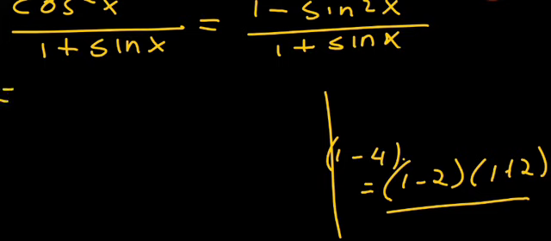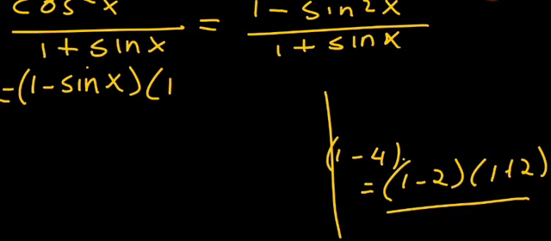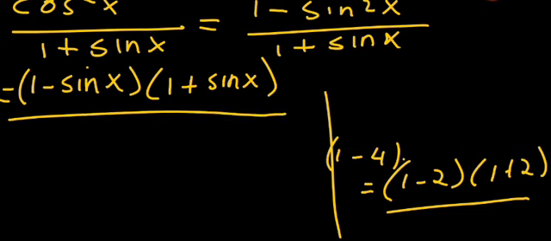So there we're going to say 1 minus sin x multiplied by 1 plus sin x. It is the same as 1 minus sin squared x, then divided by 1 plus sin x.